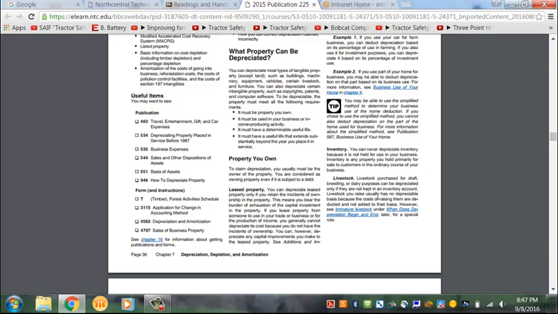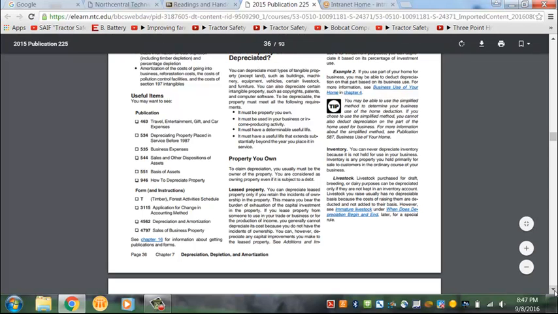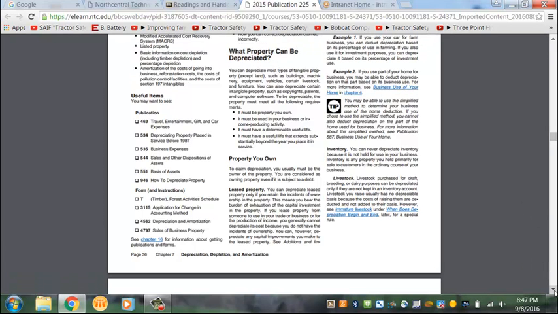Another item to note is that an asset that is bought and sold in the same year is not allowed to be depreciated either. So that just gets handled a little bit differently. That is not the case in any of our case studies, but it's just a good thing to remember.